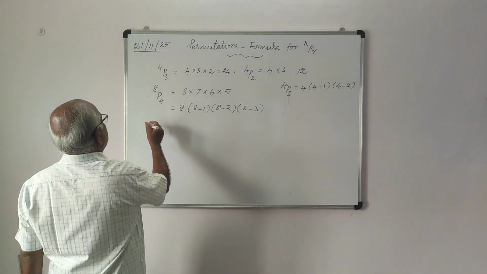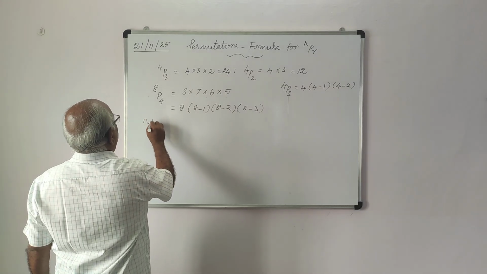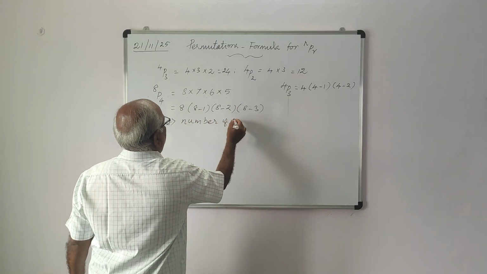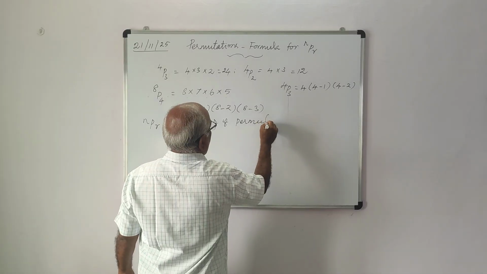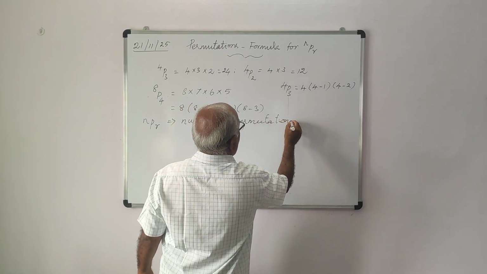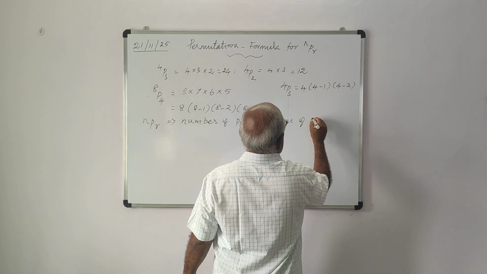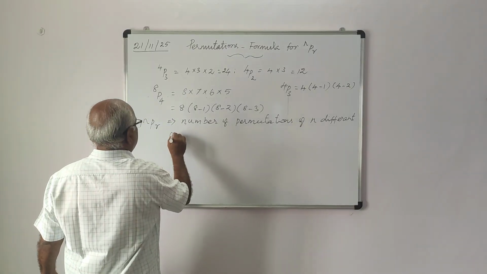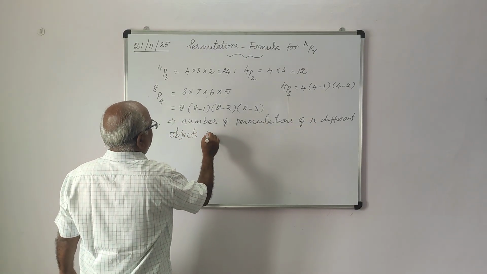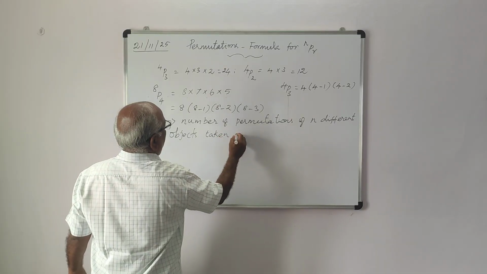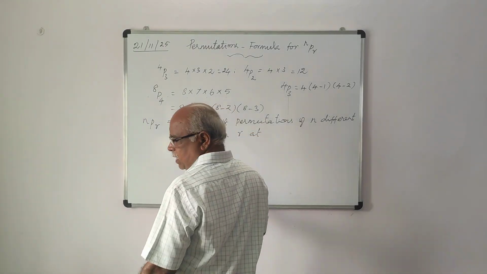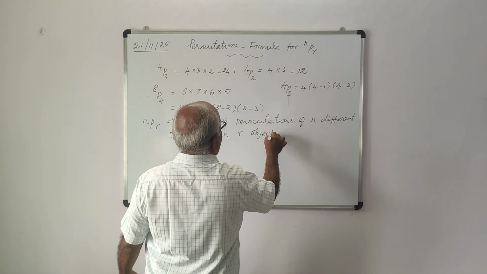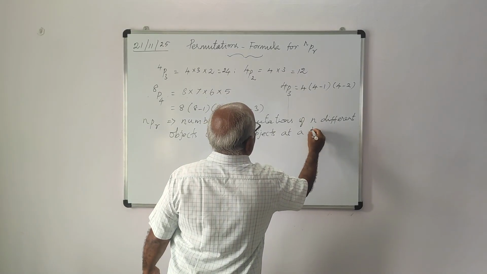nPr means the number of permutations of n different objects or things taken r at a time, or objects at a time.